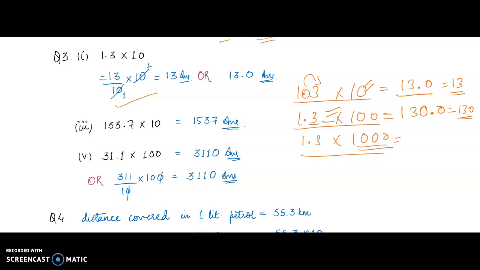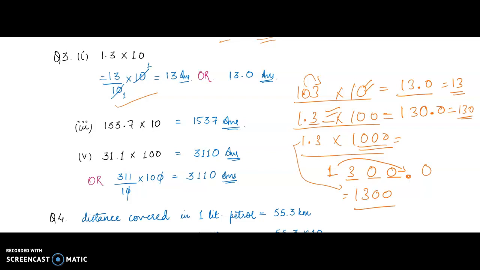So 1.3 and 1, 2, 3 digits to be shifted, and the decimal will go from here to here. Now 0, 0, and you can put a 0 here or you may not, it's up to you. It's 1300 as my answer for this.